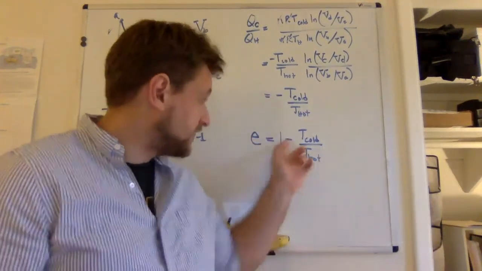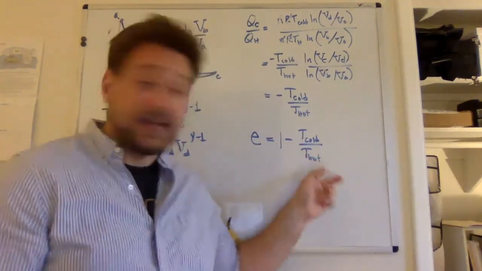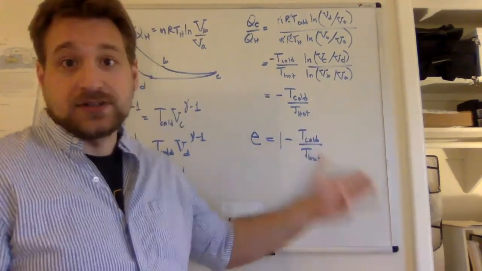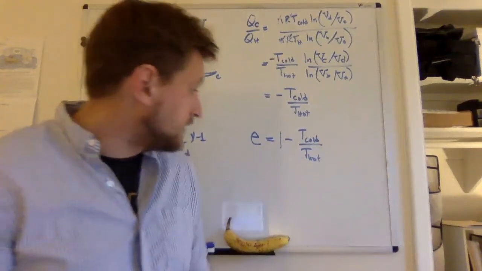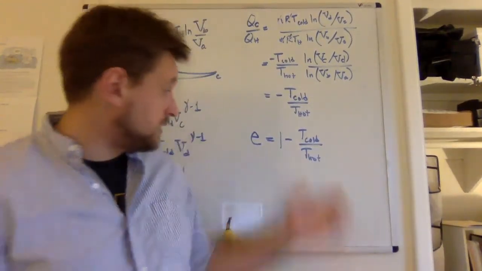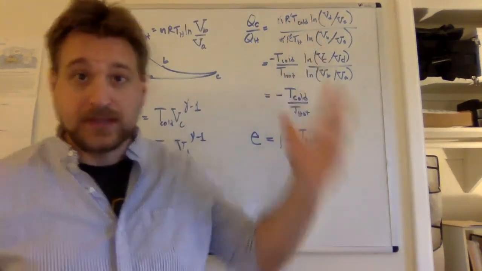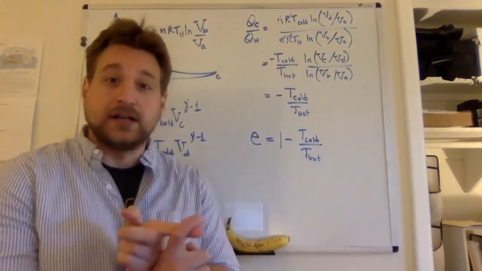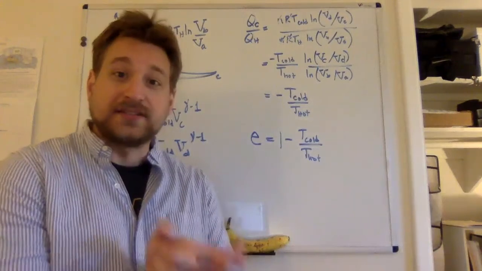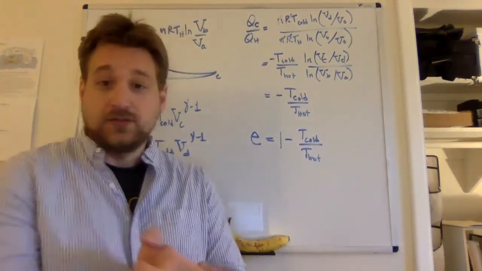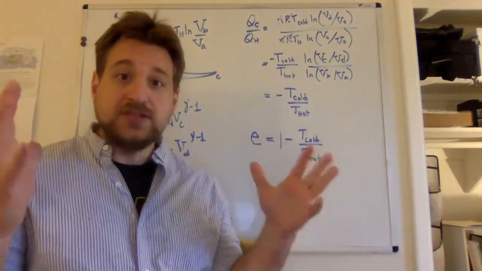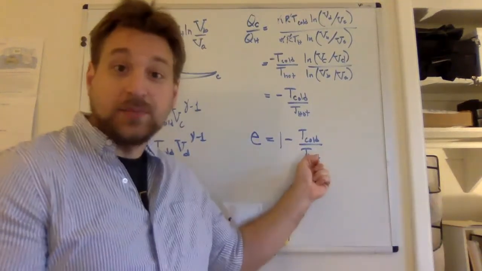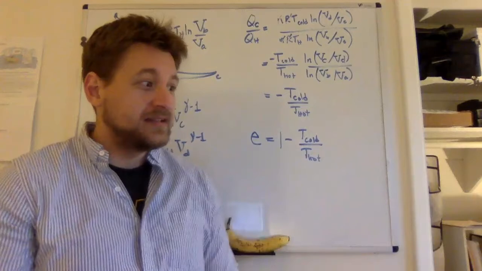The other way we can get this to look like 0 is if we make T hot infinitely large, right? And then it looks like some number divided by infinity, which looks like 0. But the trouble with that is that, if we make T hot infinite, or arbitrarily large, then a whole bunch of other things happen. The pressure goes arbitrarily large as well because they're directly proportional. And so either we explode the engine with the internal pressure, or we melt the engine with the internal temperature.